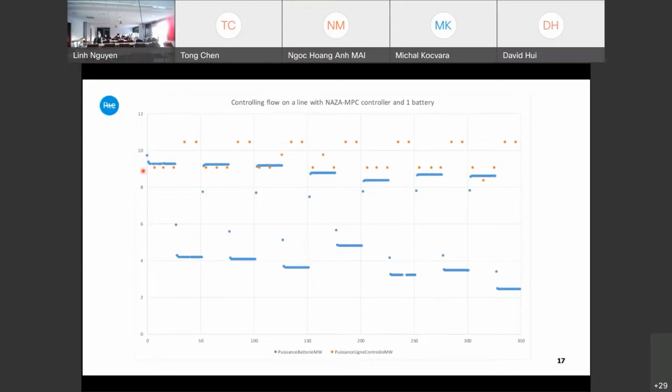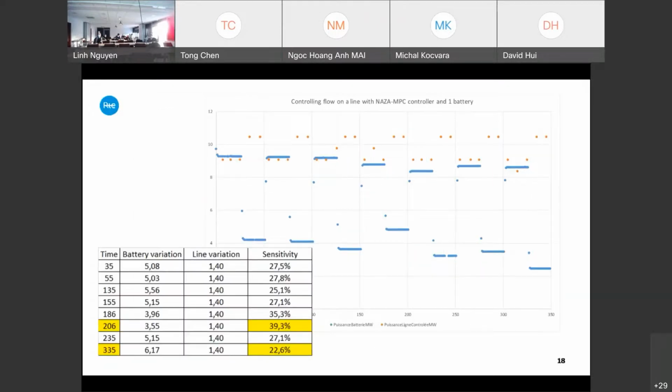This is a real problem, and as a consequence, if you see the sensitivity, you see here the battery variation at this time, the battery variation here varies. The battery, in blue, varies from 3 to 6 megawatts, and the impact is always the same, 1.4 megawatts. So the sensitivity here is varying from 22 to 39%.